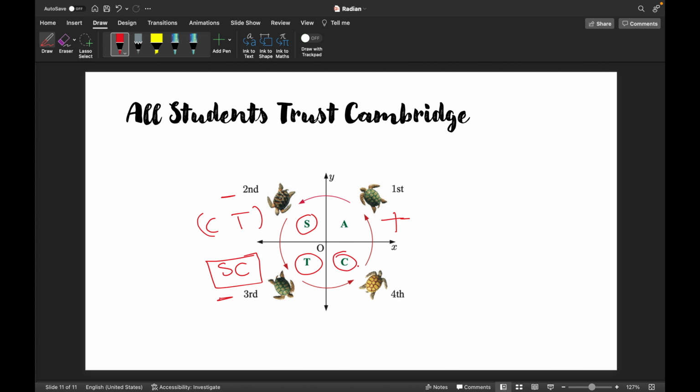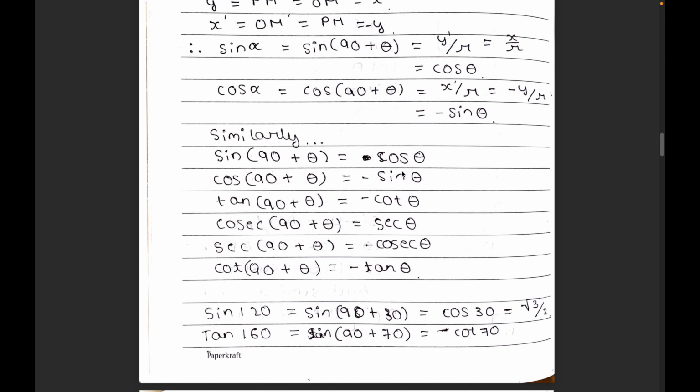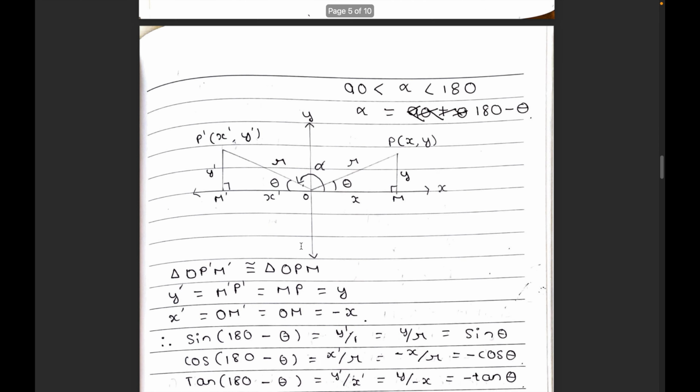In the fourth and final quadrant, cos is going to be positive, and sine and tan are going to be negative. So if you think about it, in the second quadrant, sine is going to be positive. So that's why this has a positive coefficient. And then cos 90 plus theta would be negative, because in the second quadrant, cos and tan are negative. So yeah, and then so on.